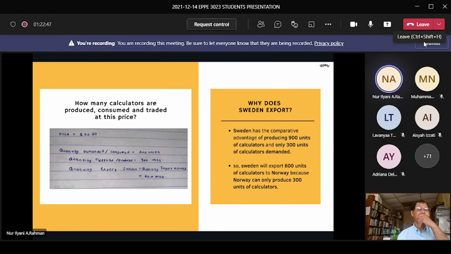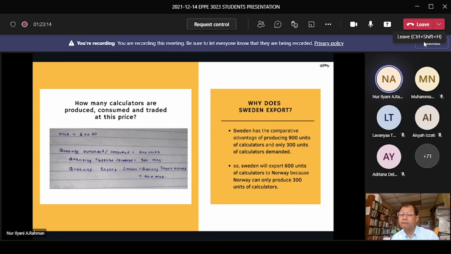How many calculators are produced, consumed, and traded at this price? When the price is $22.50, the quantity demand or consumed is 300 units. Quantity supply or produce is 900 units, and quantity export Sweden equals to quantity import Norway is 600 units.